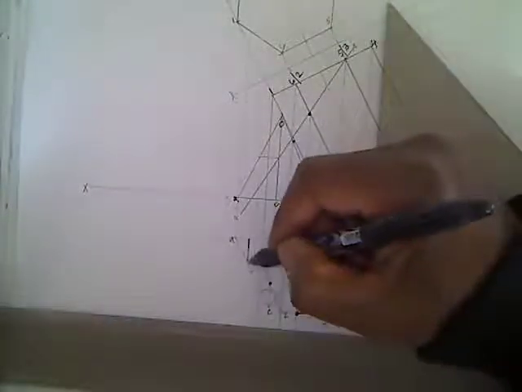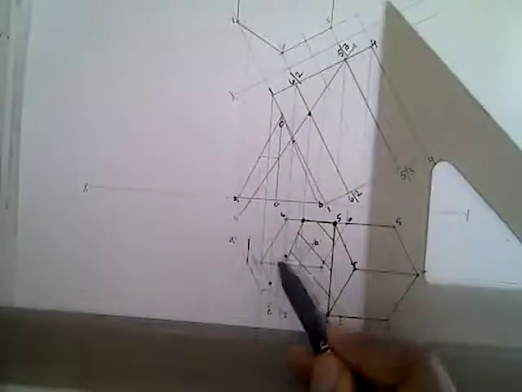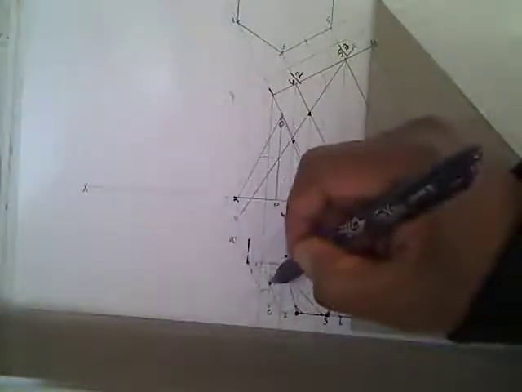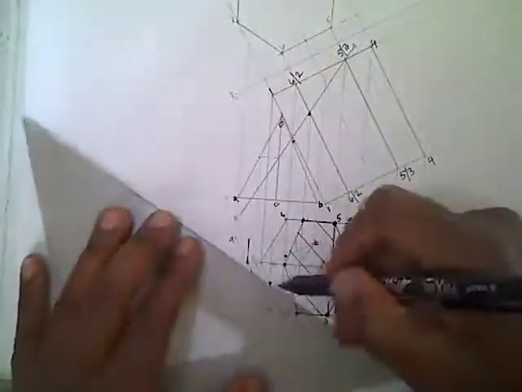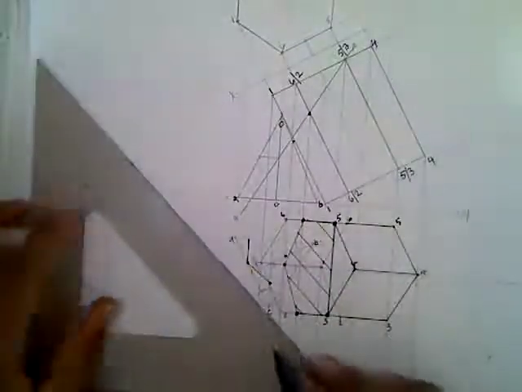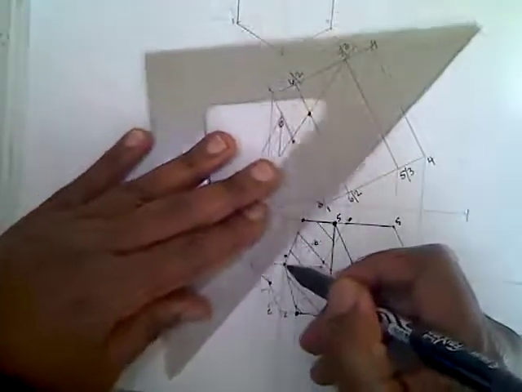It is from A to B. I'm joining the cut. The cut is here. It will move to this part. Join. This one. This way.